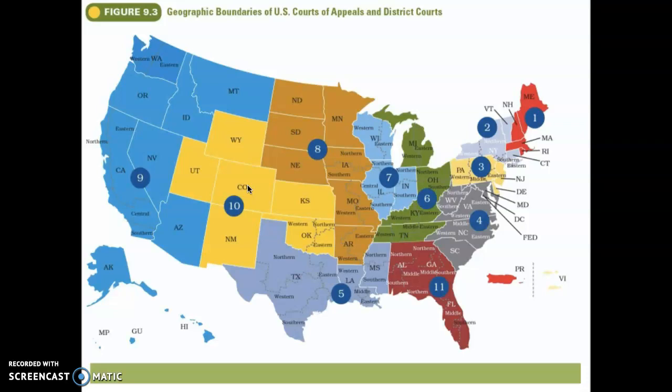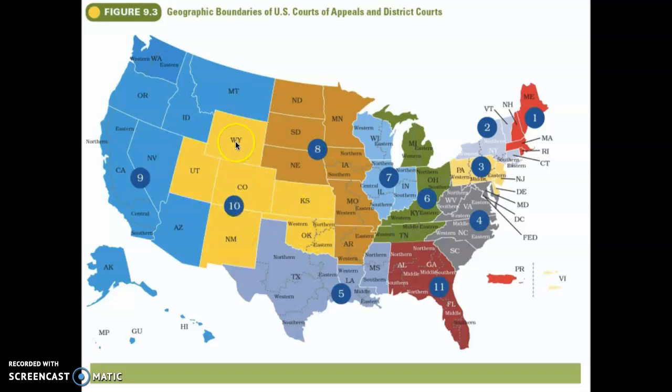Now, the unique thing about the Court of Appeals is this: if the 10th Circuit Court of Appeals renders a decision, let's say a case involves a police search of something, and they make a ruling, that ruling applies to all people within this circuit. It will not apply to people in the 9th Circuit or the 8th Circuit, only to the 10th Circuit.